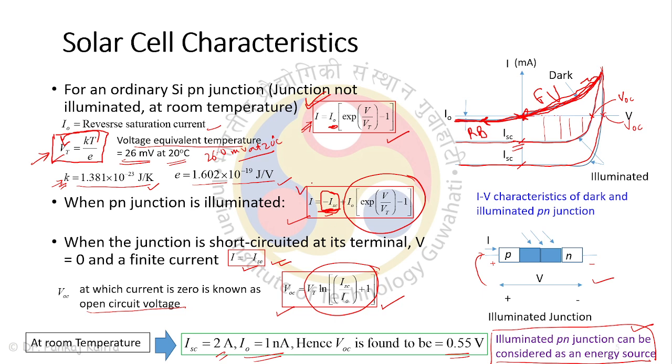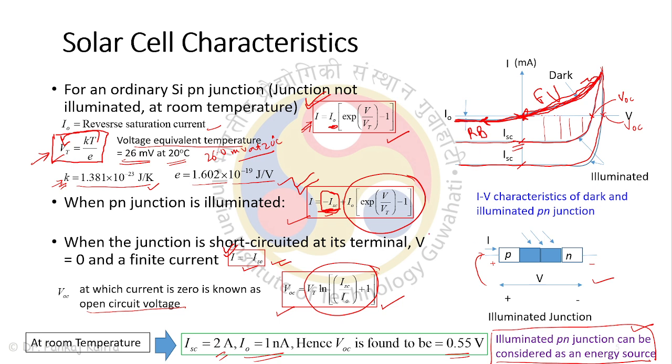So this is your formula of the p-n junction in the illumination case. When the junction is short circuited at its terminal, V is equal to 0, your output voltage is 0, right? And if we put V equal to 0, this I will be ISC.